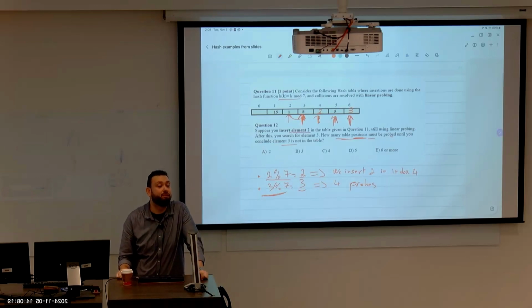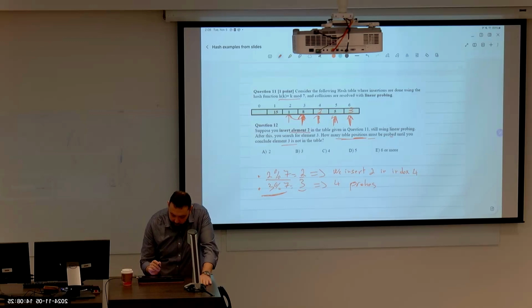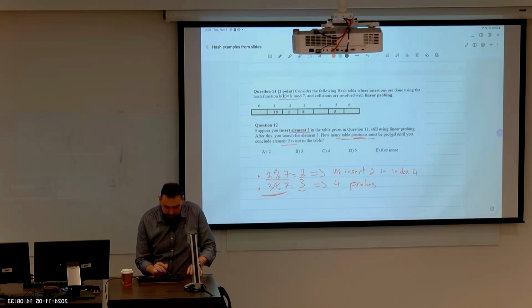Yes. We have a gap already in that. No. So look what's going to happen. A good question. If I don't have 2 here, okay, and I want to do this. So I did 3 modulus 7. It gave me 3. So I'm here. So that's my first probe. I don't have 2, okay?